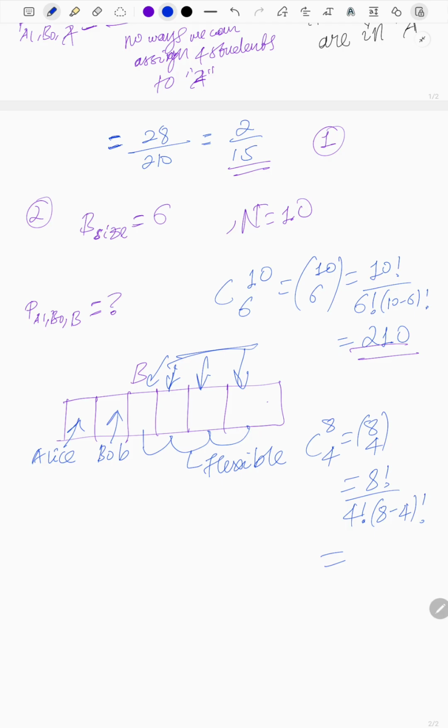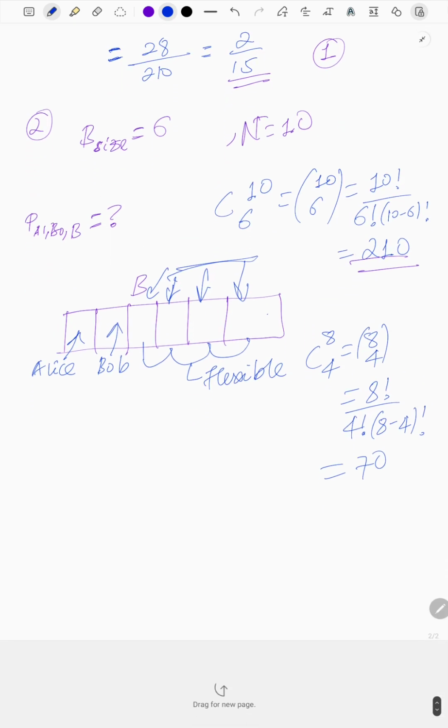Using a calculator, we'll get 8 combination 4, we'll get 70. So we have 70 ways we can create group B where Alice and Bob are both in that group.